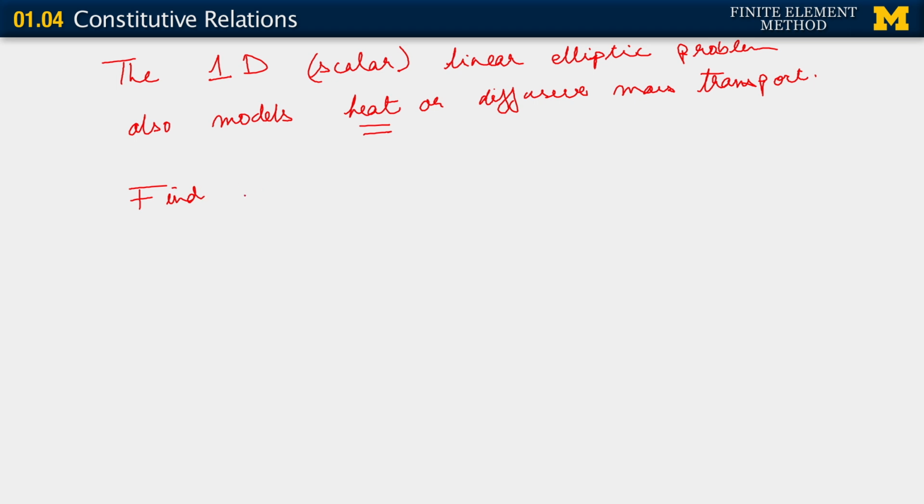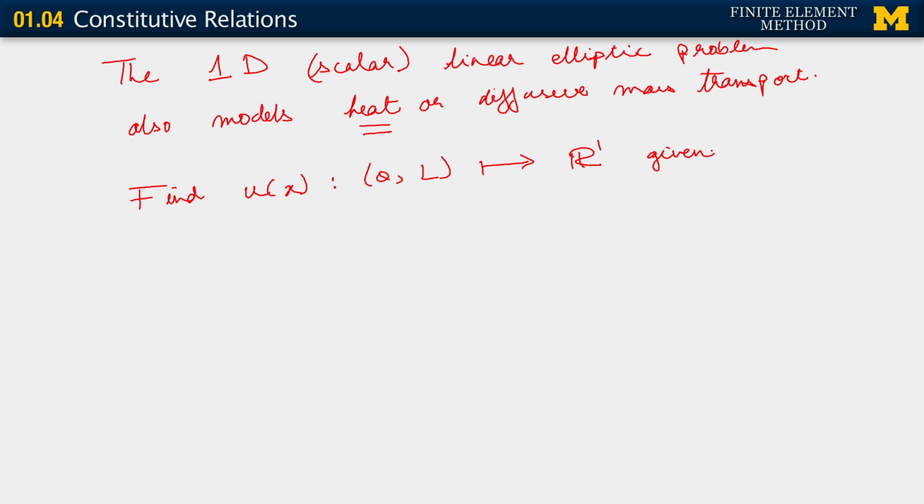We would say find u function of x, which is a mapping again from this domain 0, L open interval to the one-dimensional real space. Given, now I will attempt to use different symbols here.